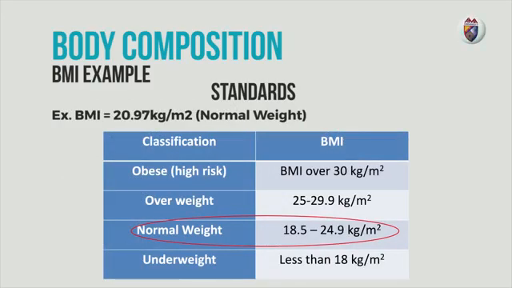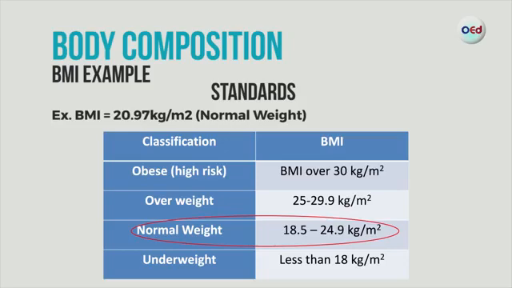As mentioned a while ago, BMI determines your total body fat based on your height and current weight measurements. Below is a table which shows your predisposal to diseases based on your body fat measurements. You are classified under the obese or high-risk category if your BMI falls over 30 kilograms per meter squared.